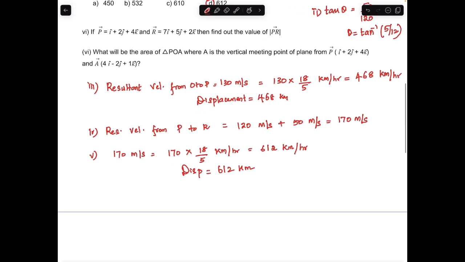Sixth subdivision, if P vector is given by and R vector is given by, then find out the value of the magnitude of PR vector.